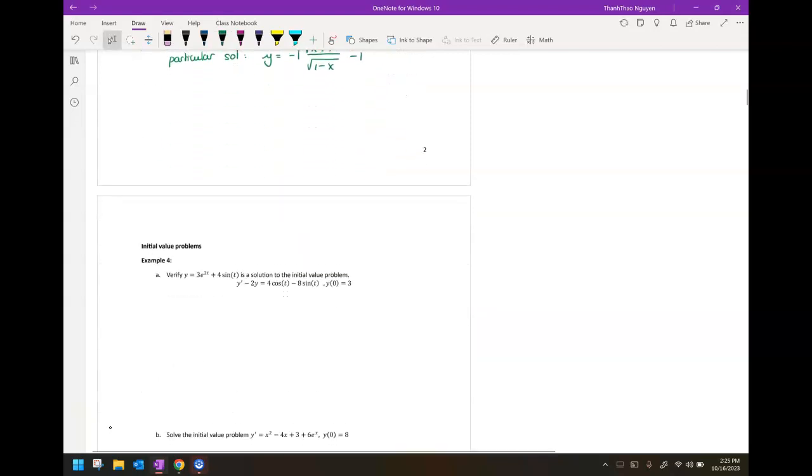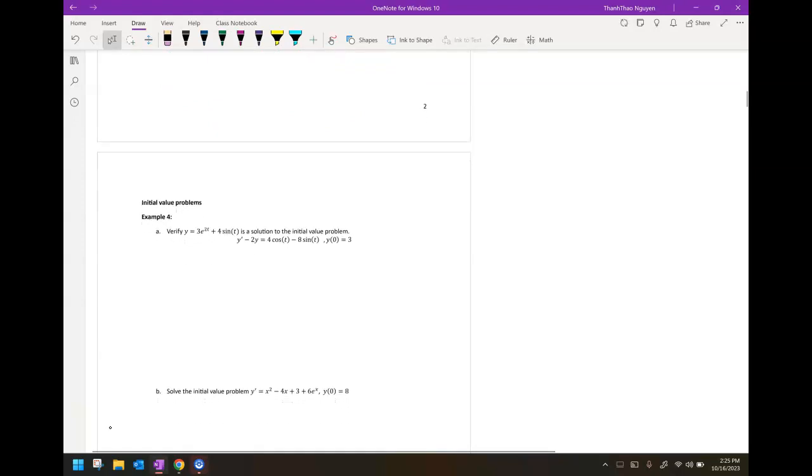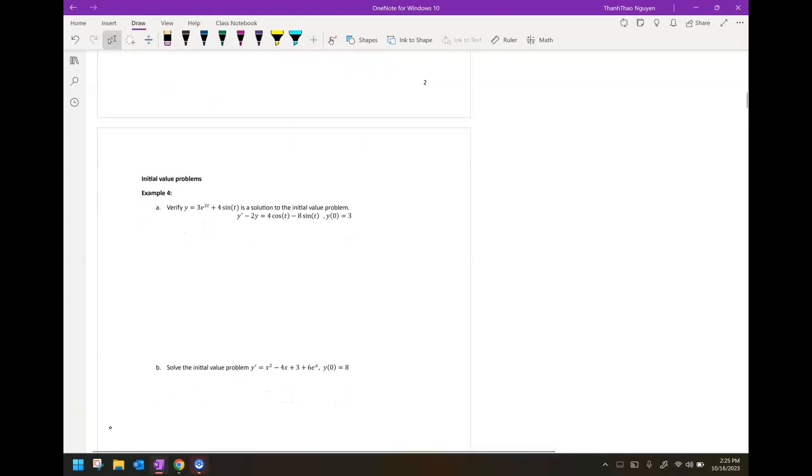Let's talk about the initial value problem. To verify that y equal e to the 2t plus 4 sine t is the solution to the initial value problem, given that y prime minus 2y equal 4 cosine t minus 8 sine t, and that y of 0 is equal to 3.